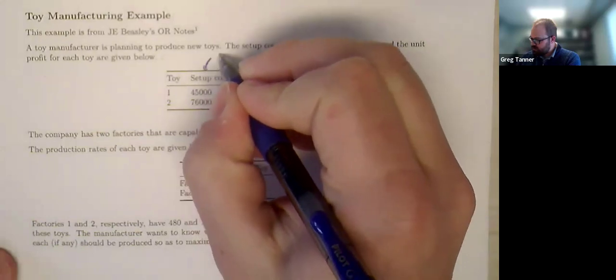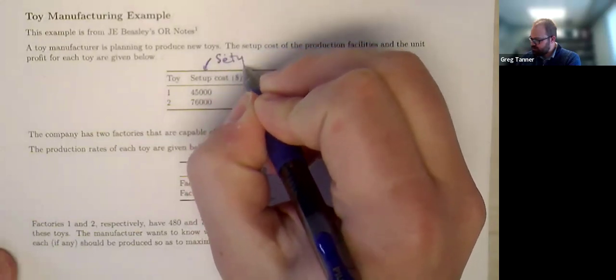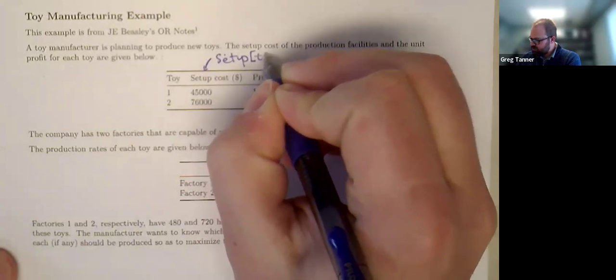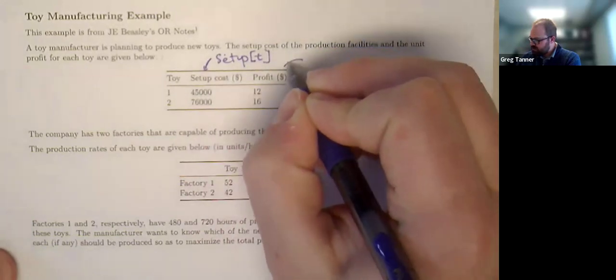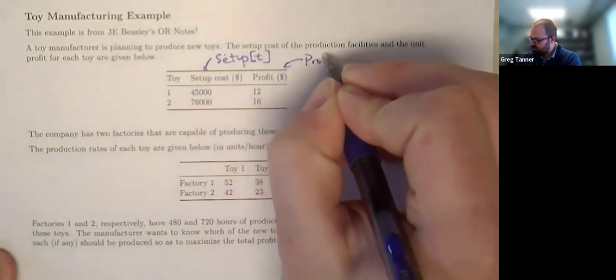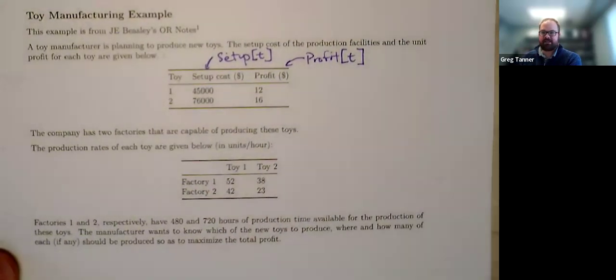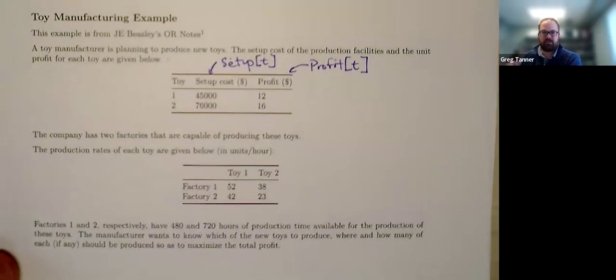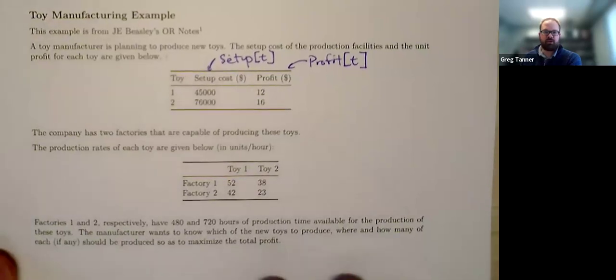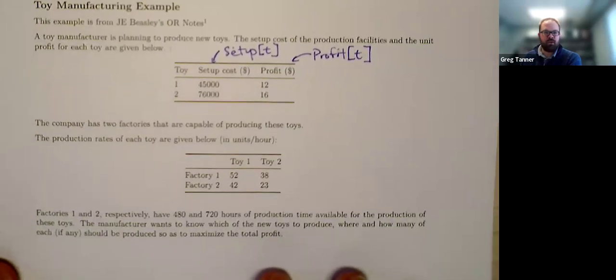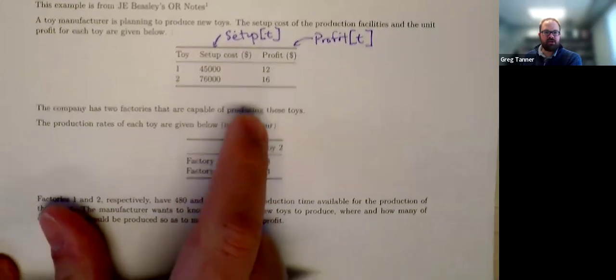So I'll call this setup of toy T. And this we'll call profit of toy T. We'll use T as our index for our toys, T being 1 or 2, depending on which toy we're talking about. So that's that information.